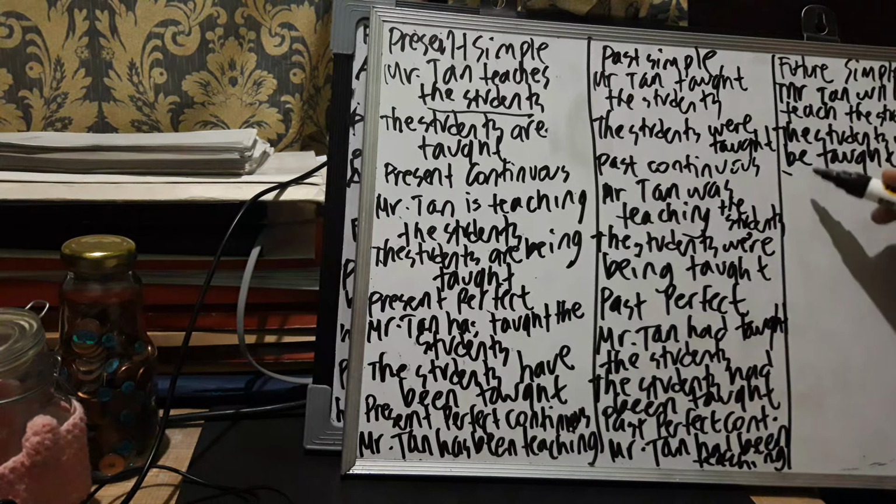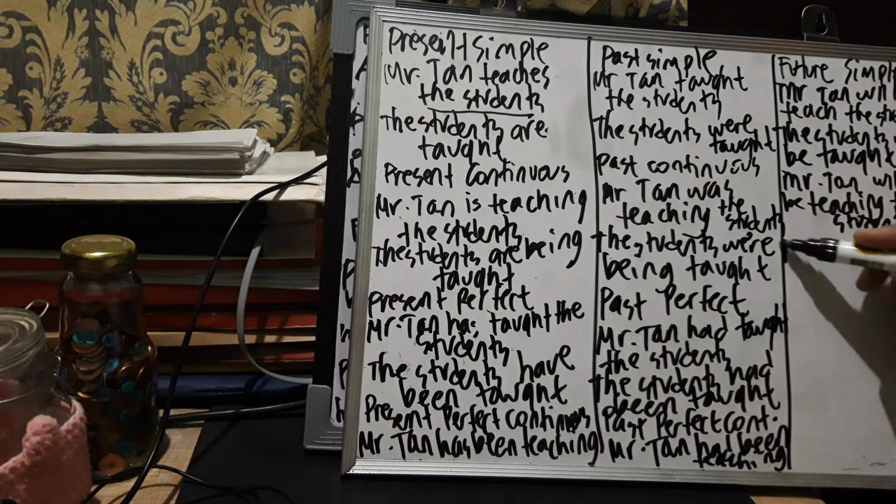Now we have the continuous tense. So how do we say that? Mr. Tan will be what? Will be teaching the students. So how do we change that into passive? The students will be being what?